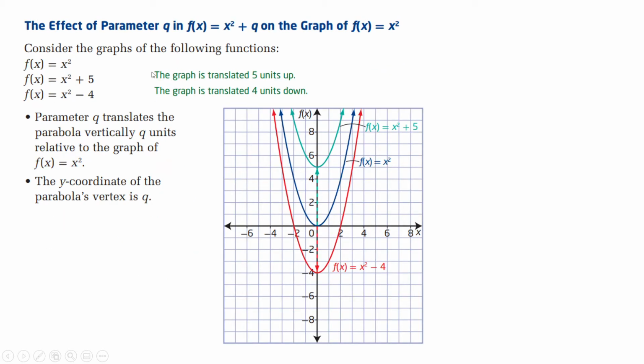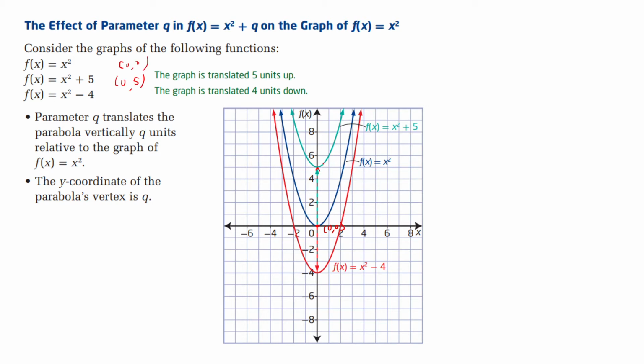And second, we can consider the effect of the parameter q when we add a constant q here. For example, when we consider the graph of x squared plus 5, we can see the point (0, 0) becomes (0, 5), right?